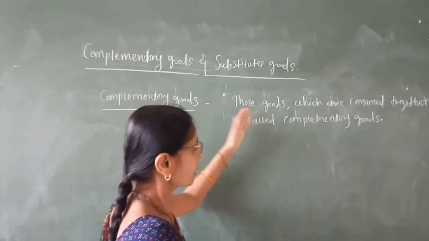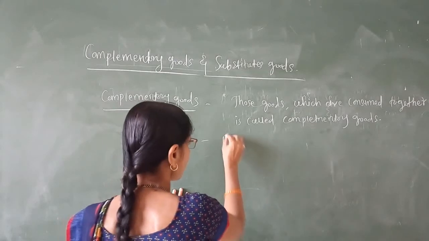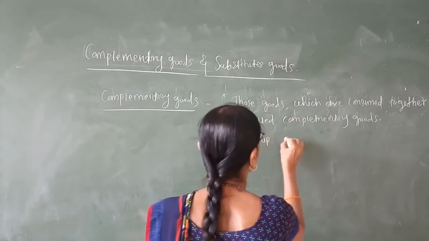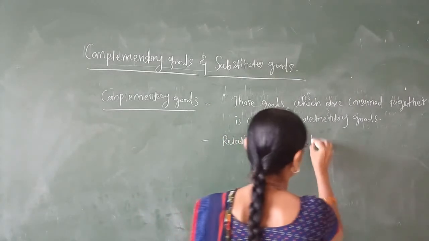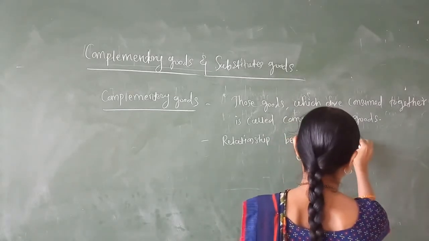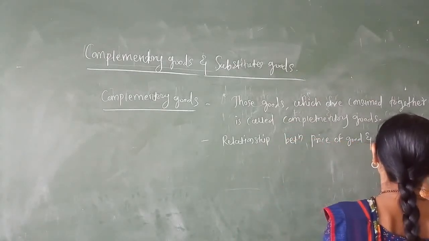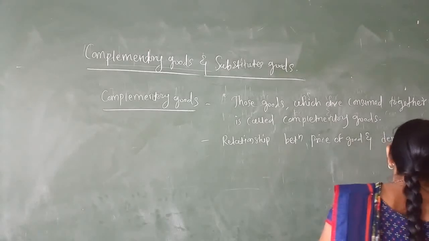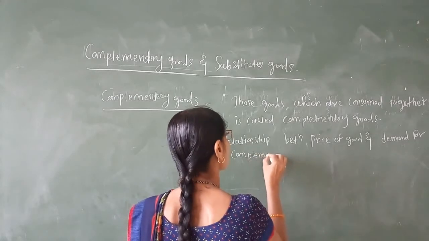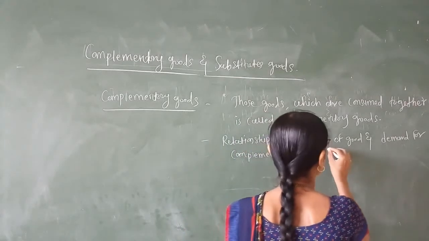Those goods we call complementary goods. Here the relationship between the price of the good and demand for the complementary good is inverse.